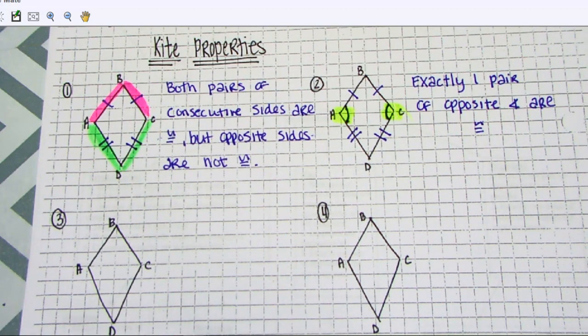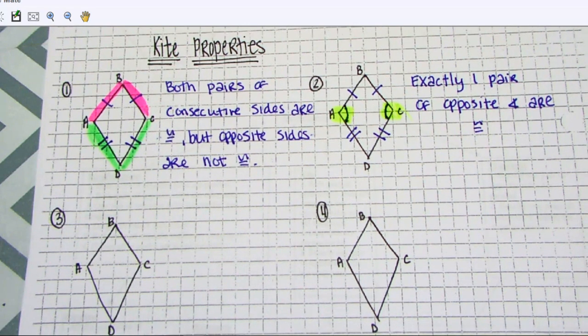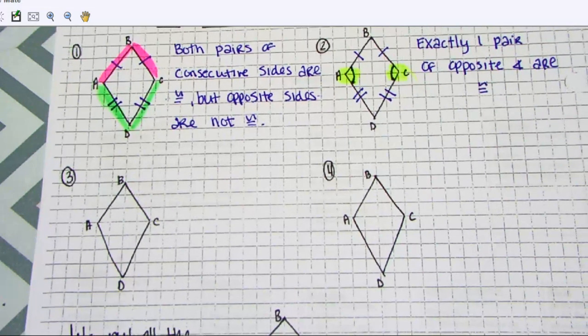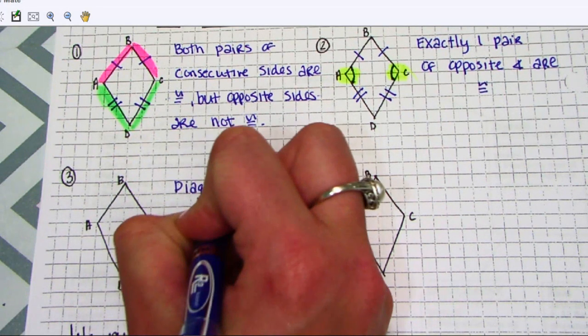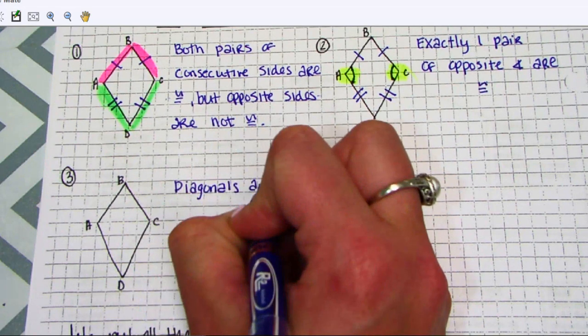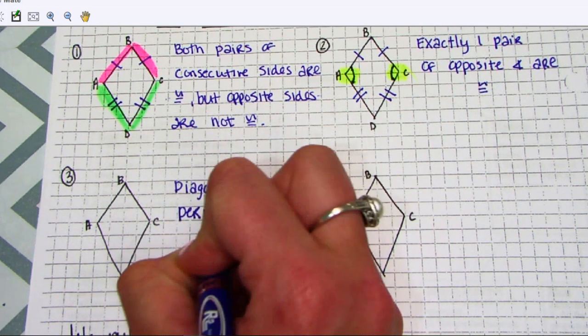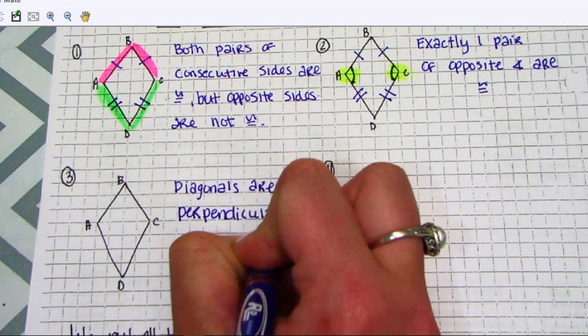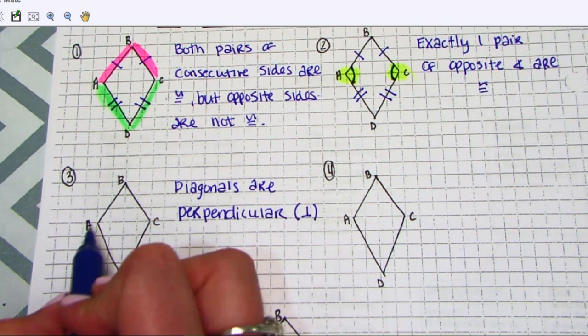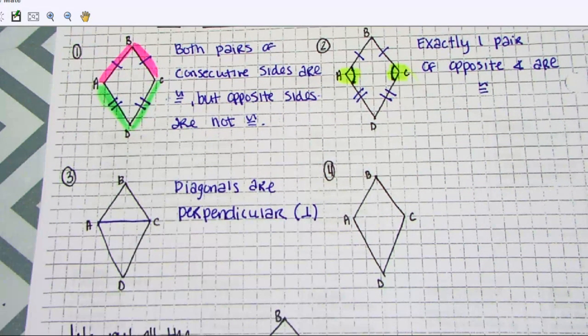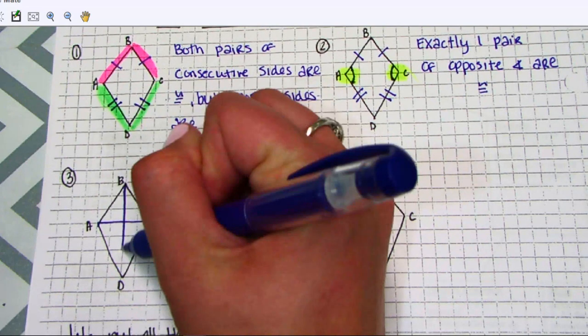All right, number 3 is about diagonals. The diagonals are also perpendicular. So number 3, the diagonals are perpendicular. Perpendicular means they cross at 90, and the symbol for perpendicular is an upside down capital T. So if we were to connect A to C, then B down to D, all of these would be 90.